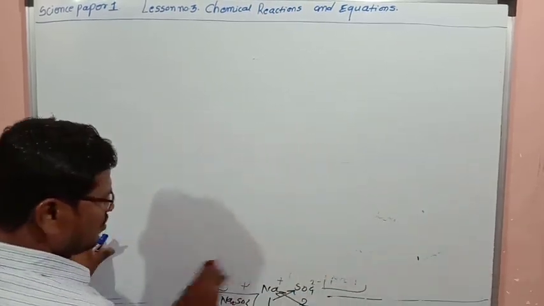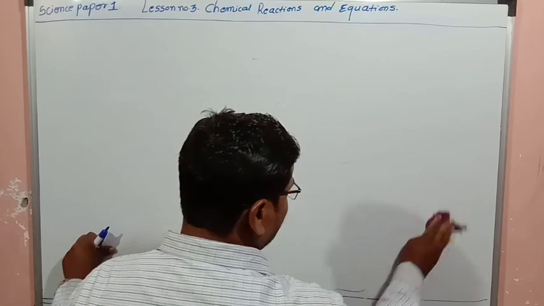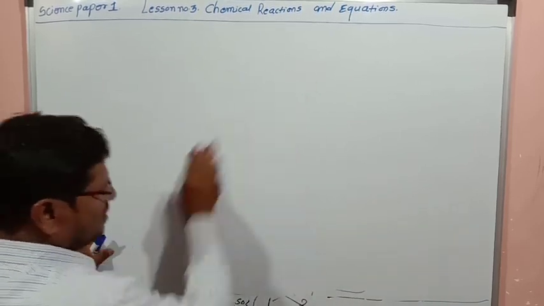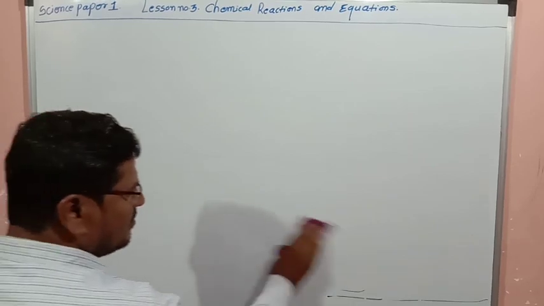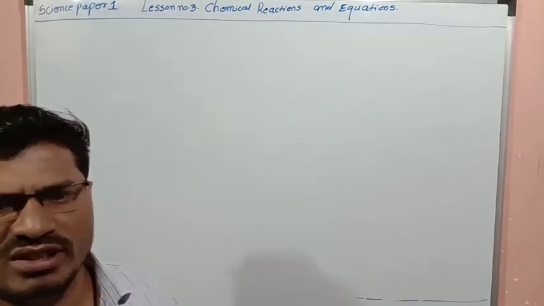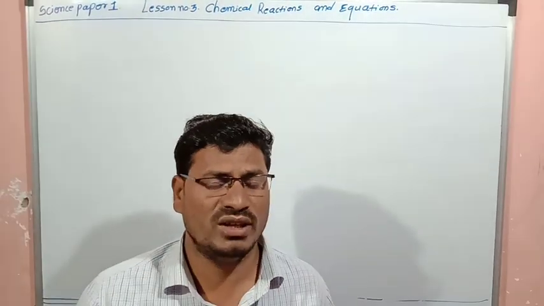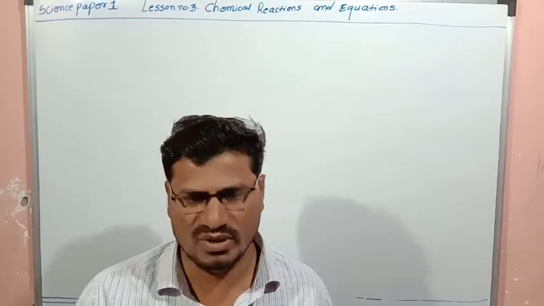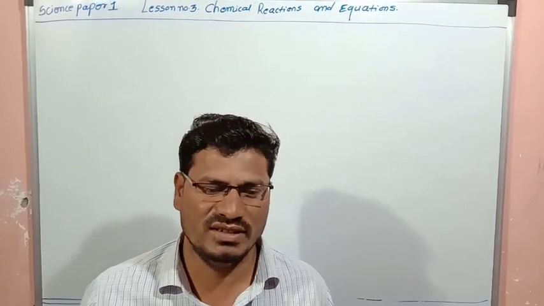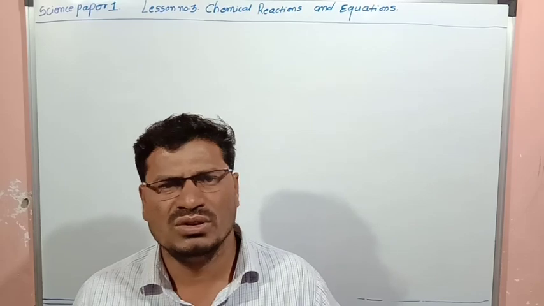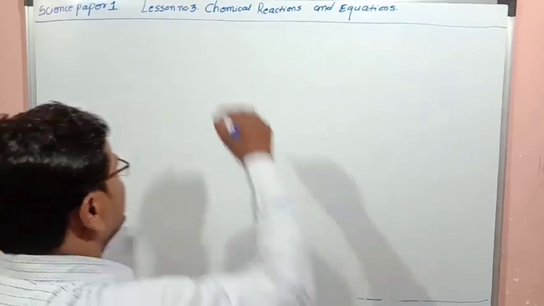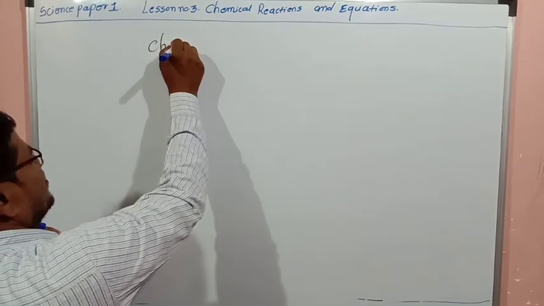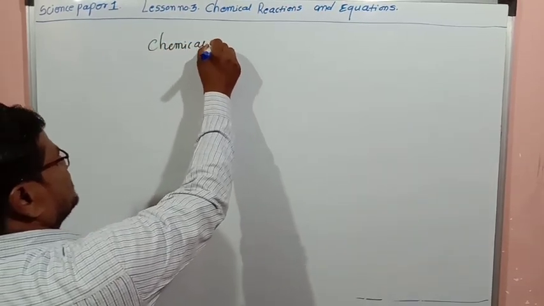A chemical reaction is a process in which reactants react together and give rise to products, that is, new substances. This is a chemical reaction. So a little difference we are going to study next, the chemical reaction.